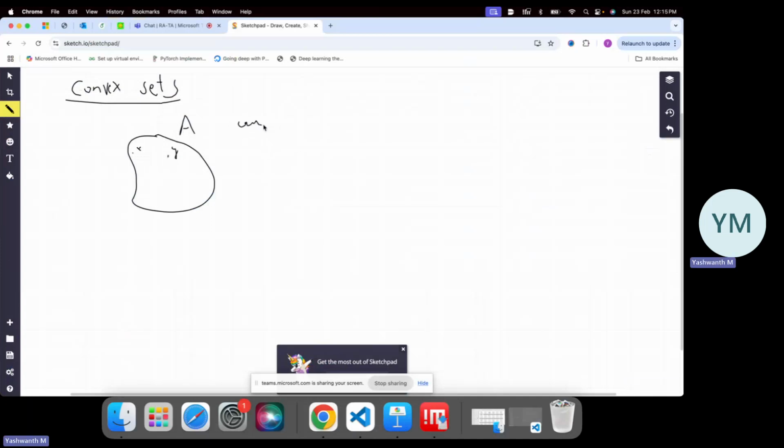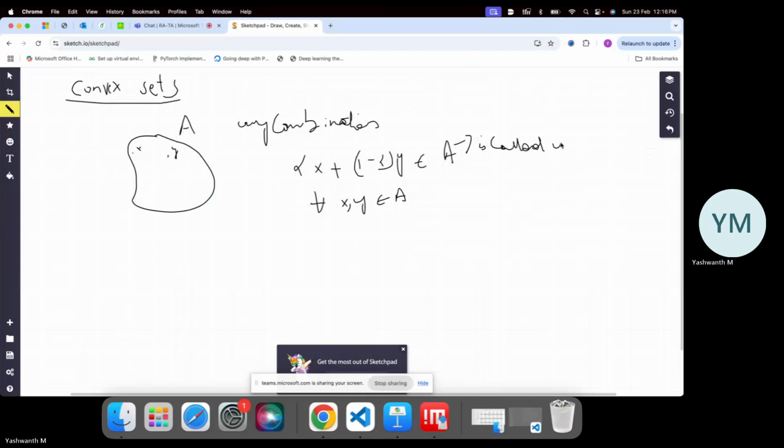Any combination of alpha x plus (1 minus alpha) y belongs to A for all x, y belonging to A. If this holds, the set A is called a convex set.